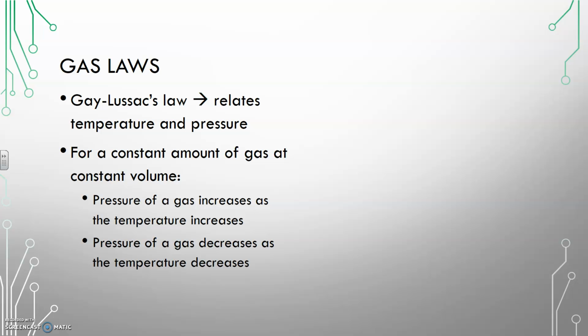So it's calming down, not bouncing around as much, so it's not creating that pressure inside the container. This formula is written as P1 over T1 equals P2 over T2, where P again is pressure and T is temperature in Celsius.